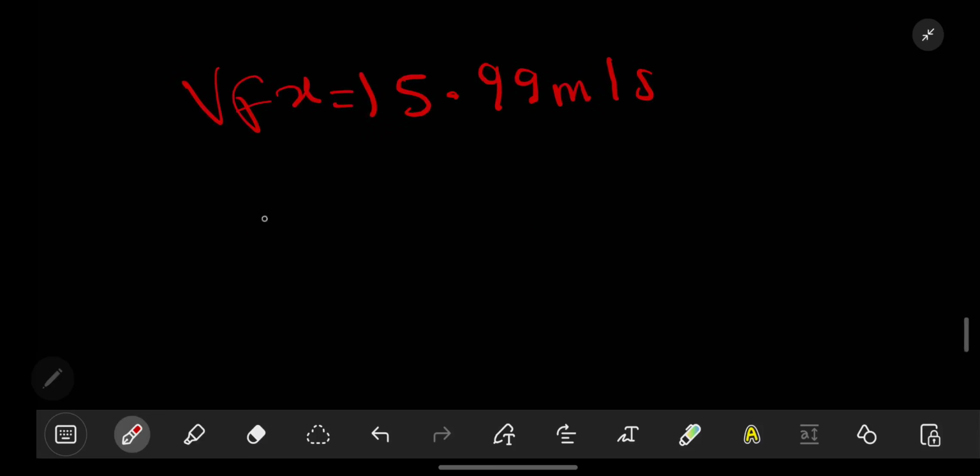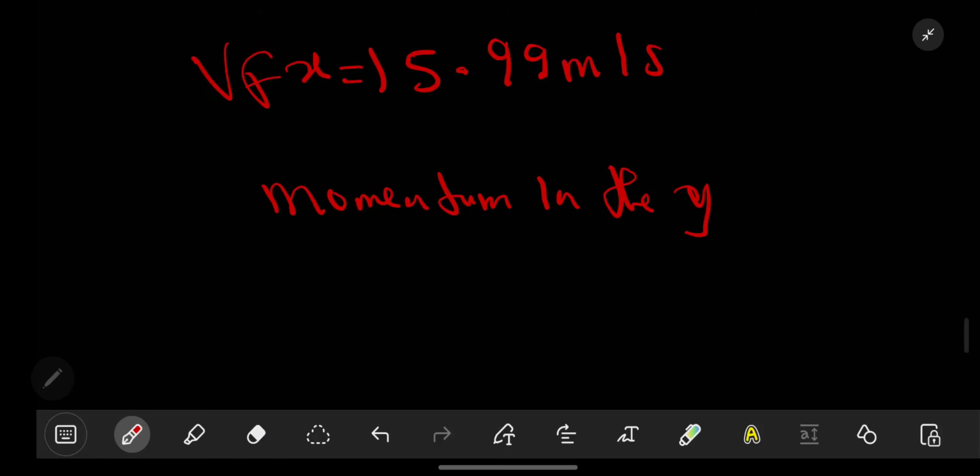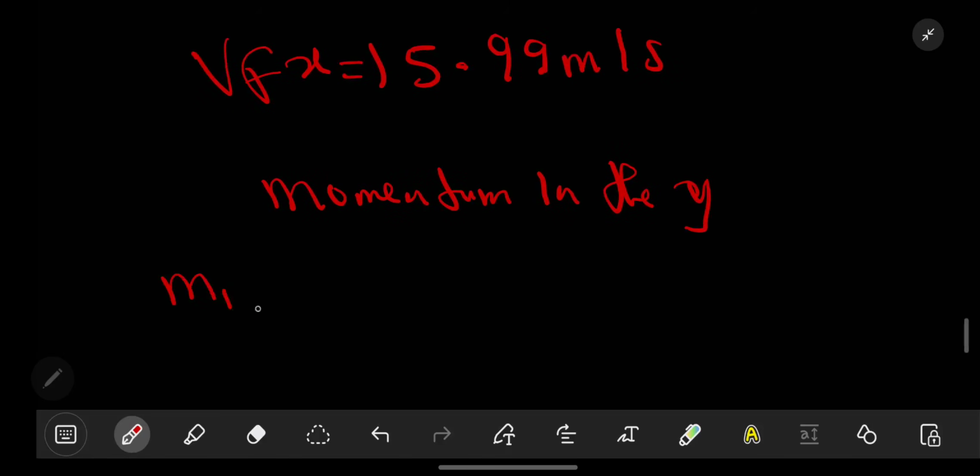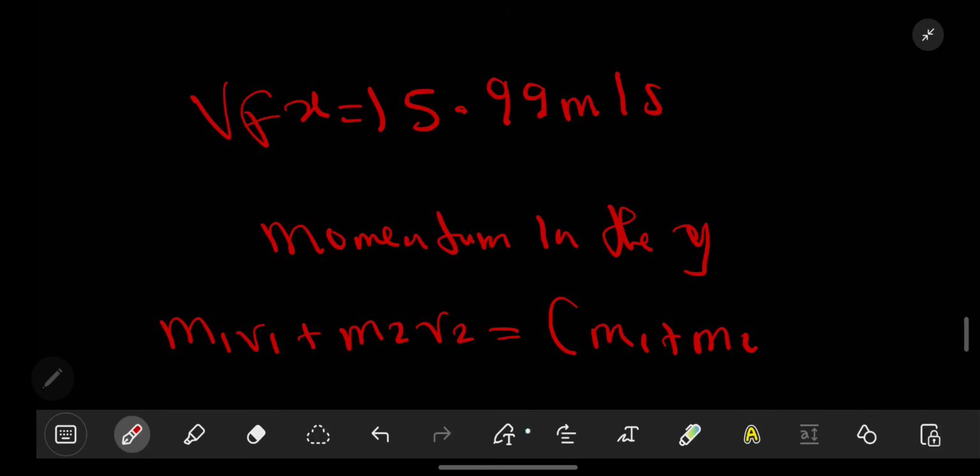Then find the momentum in the y. This one should be the same thing: m1 v1 plus m2 v2 should be equal to m1 plus m2 times the velocity in the y.